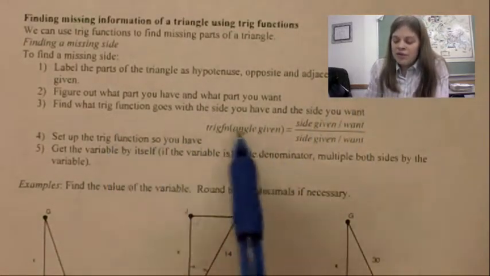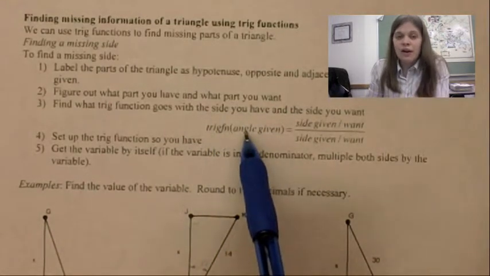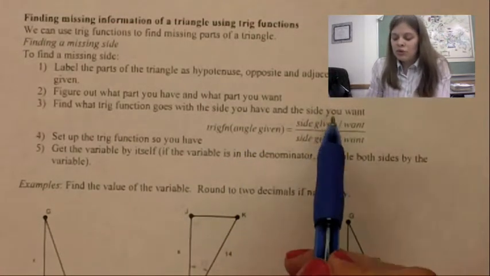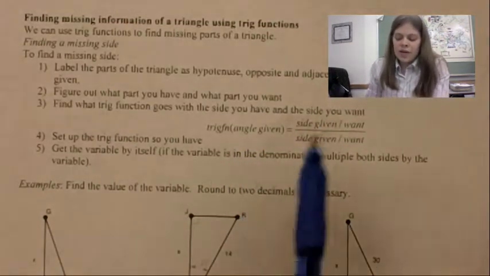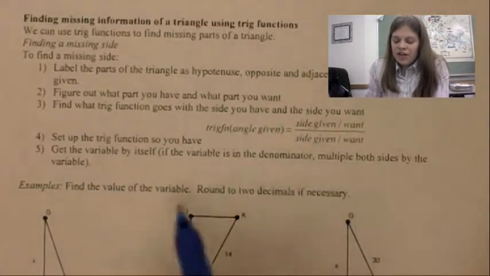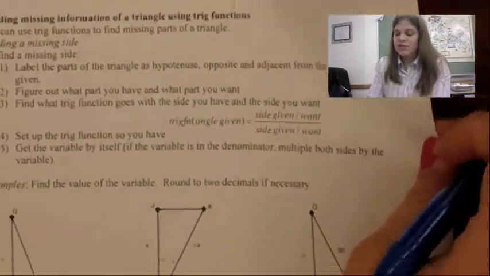So then you set it up so you have the trig function, so sine, cosine, or tangent of the angle that you have, so like 38 degrees, and then your given over your want, or your want over your given, depending on what you have. Okay? Then you try and get the variable by itself. So we'll look at how to do that on some specific examples.